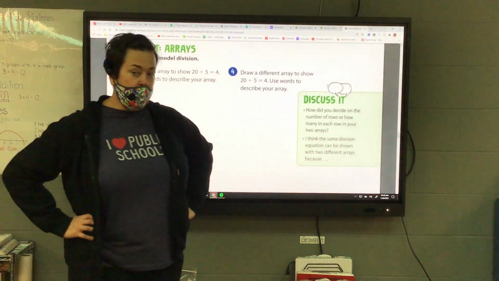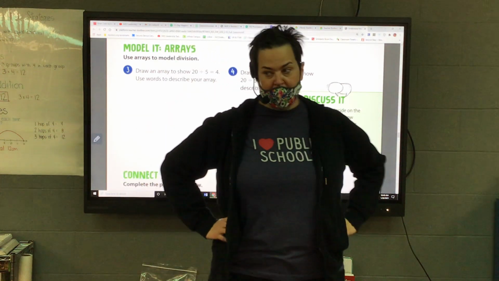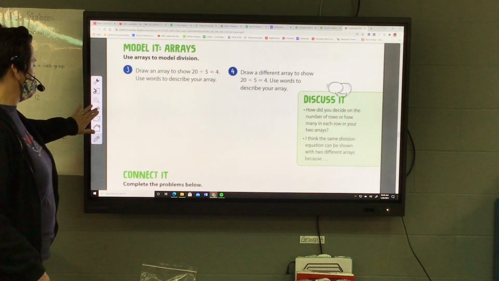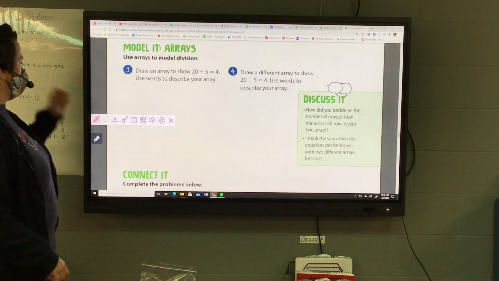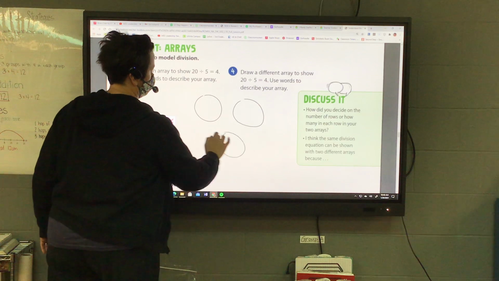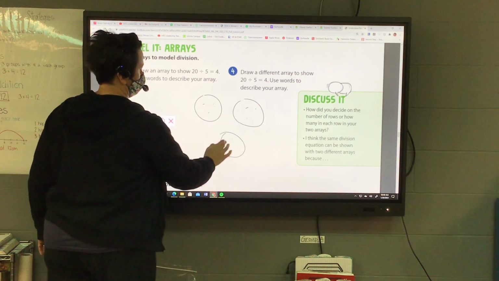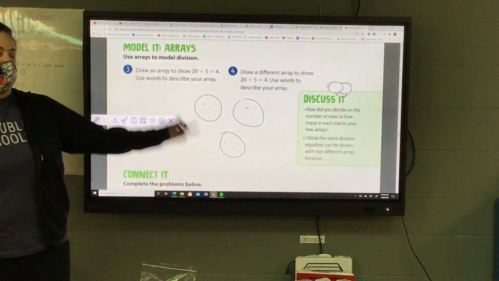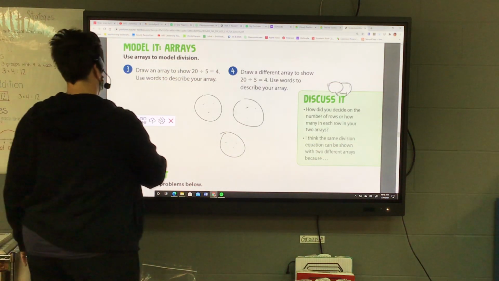Do you remember how to make an array though? Is this an example or a non-example? Non-example. Why? Because it's equal groups. Okay.